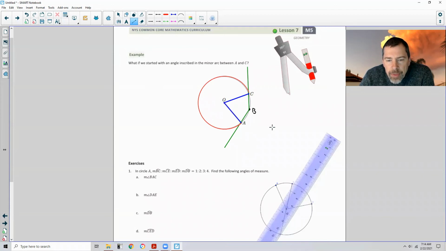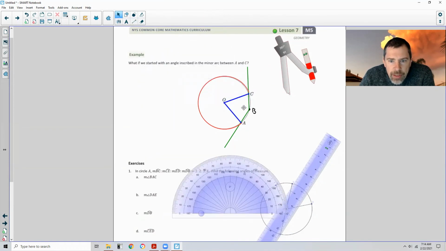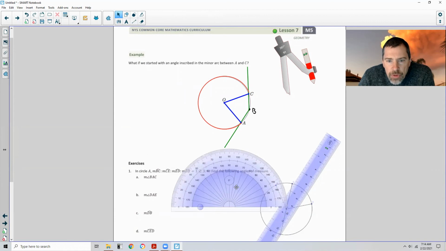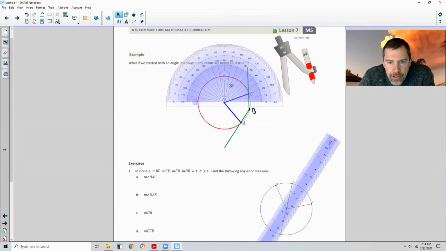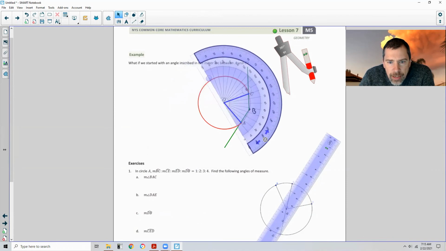Now you need to get a protractor. We want to see if this inscribed angle, though it's obtuse, is half the intercepted arc. I'm going to measure the central angle. It'd be easier to measure the angle AOC inside. Using your protractor, line up 0 with OA, put the crosshairs at O.